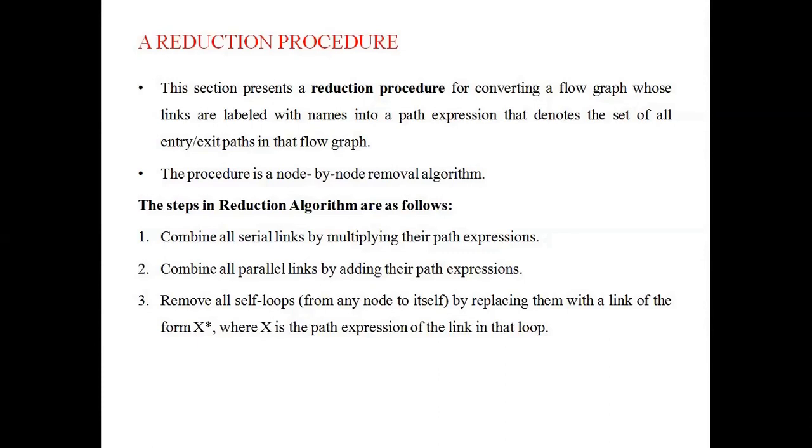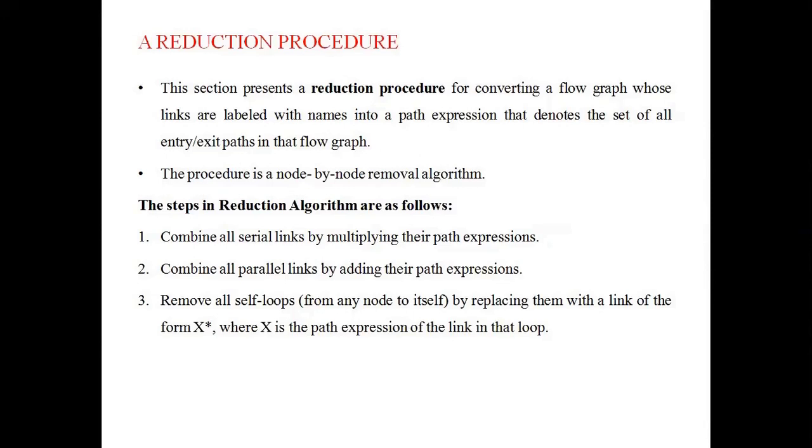After completion of all the node reductions, we finally get the path expression. That is the main agenda of the reduction procedure. So reduction procedure is nothing but converting a flow graph with named links into a path expression from entry point to the exit point.